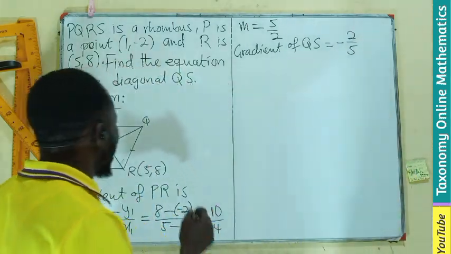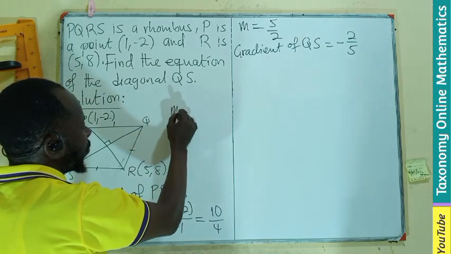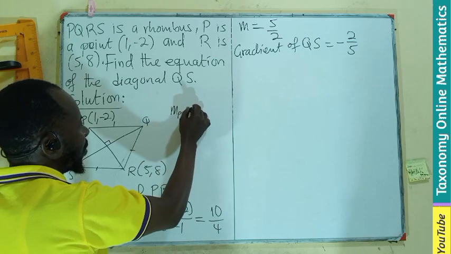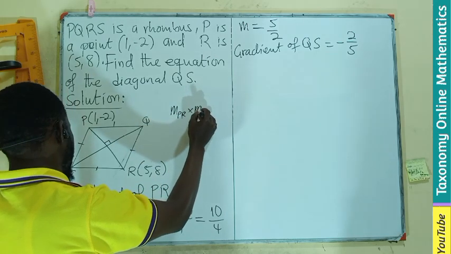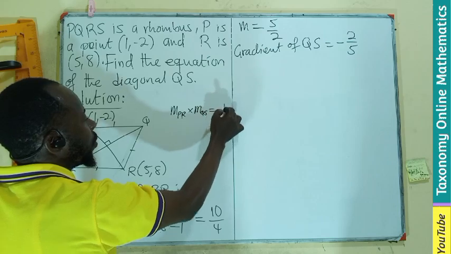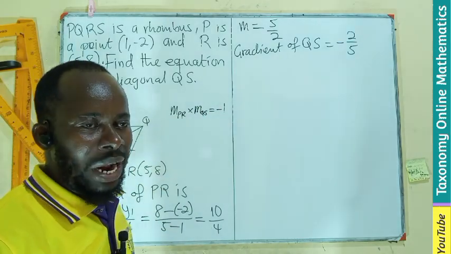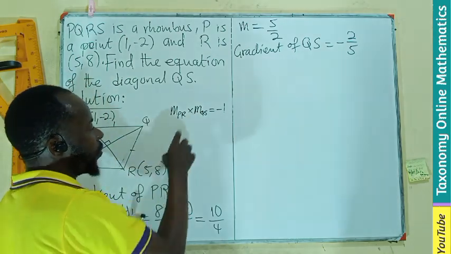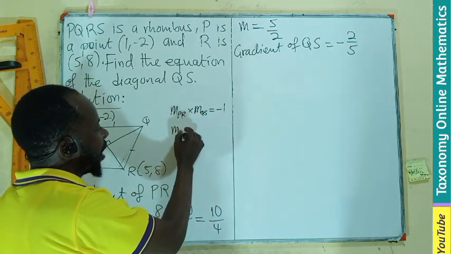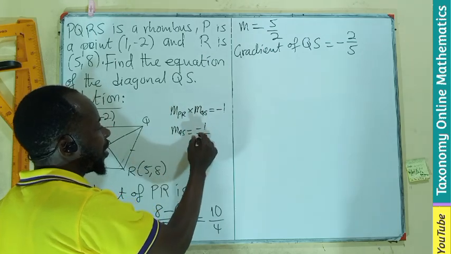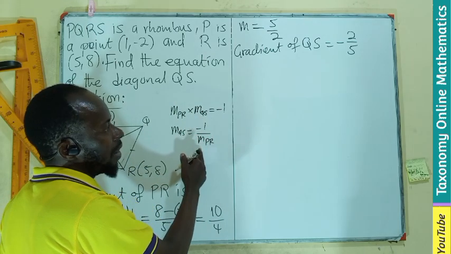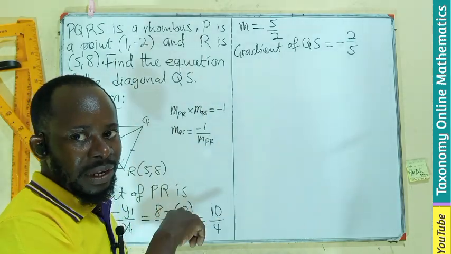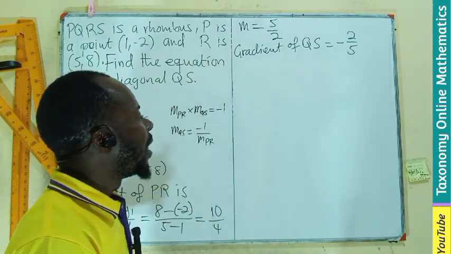If I am to find the gradient, we have gradient of the first line, which is PR, times the gradient of QS is equal to -1. That is when two lines are perpendicular, the product of their gradients gives you -1. So the gradient of QS is -1 divided by the gradient of PR. The negative reciprocal. We are reciprocating that fraction.